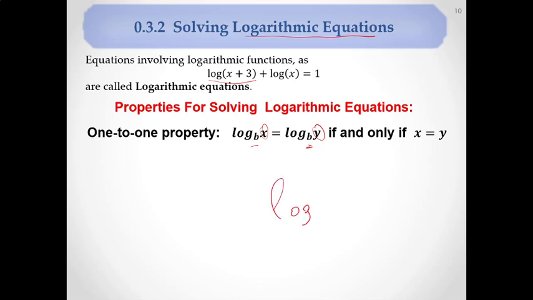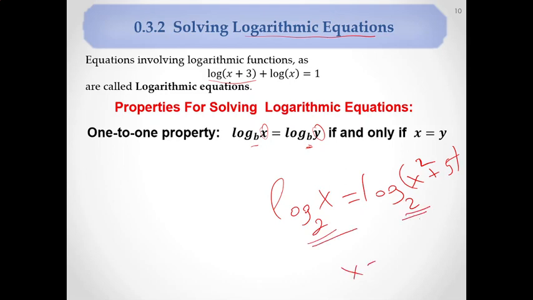For example, log base 2 of x is equal to log base 2 of x squared plus, let's say, 5 here. You can directly say, hey, these are the same logarithms, the bases are the same, so x is equal to x squared plus 5, and then solve the rest.